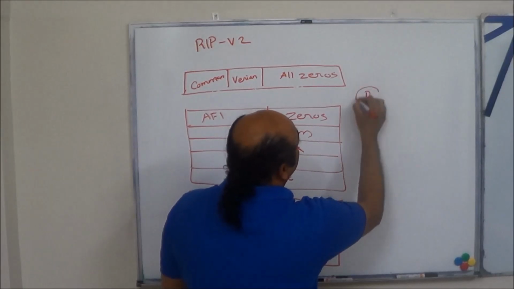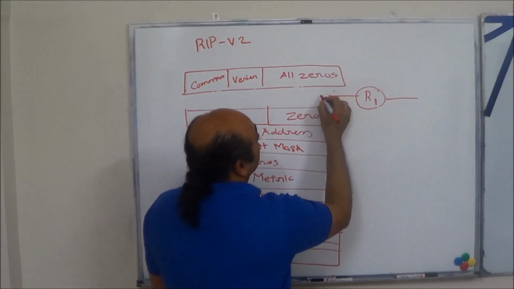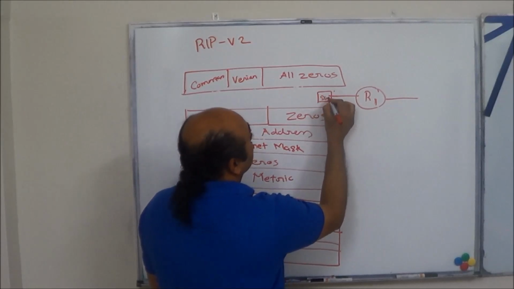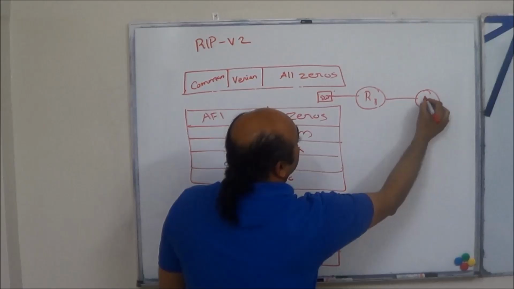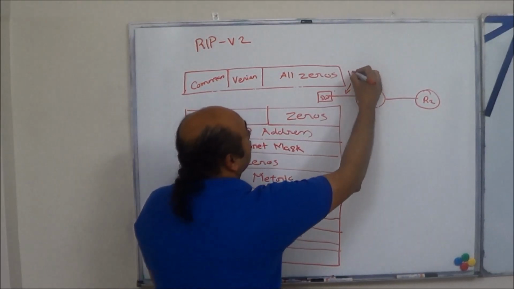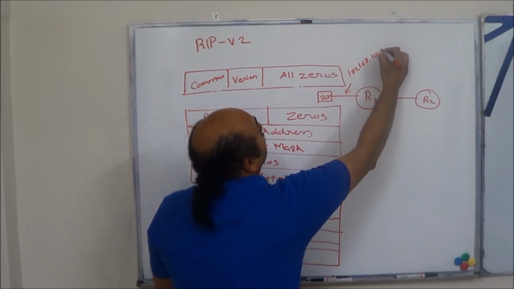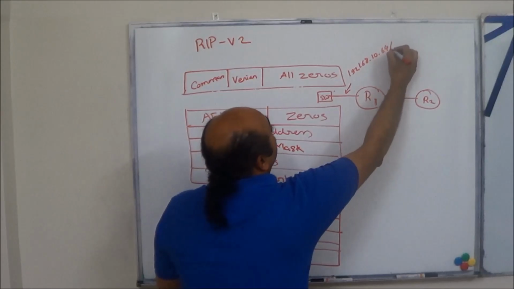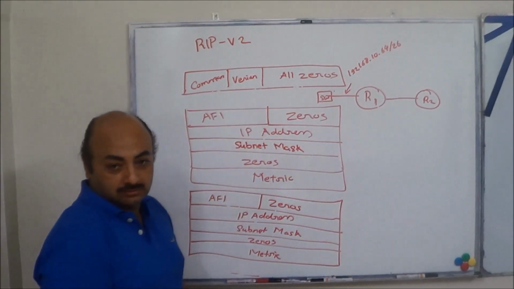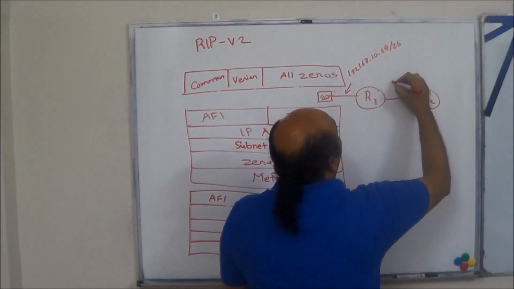Here's R1. This is a switch. And what is this? R2. So this is what network? 192.168.10.64/26. Let us see if you can tell me what is happening here. And this is what?